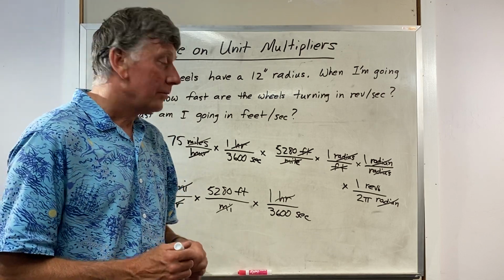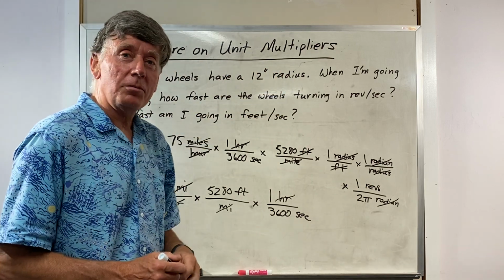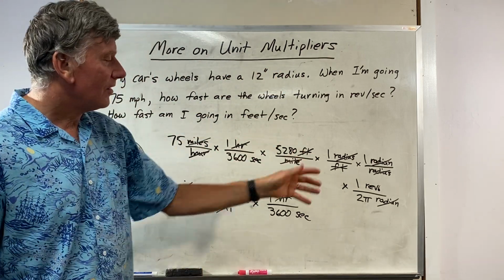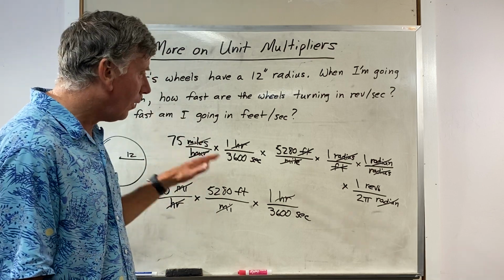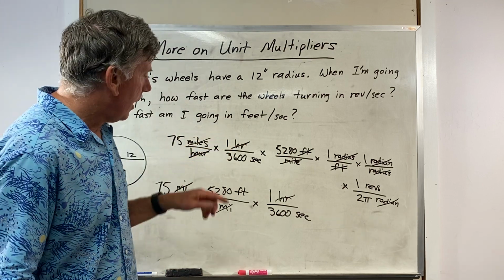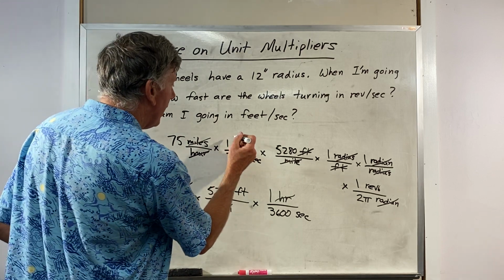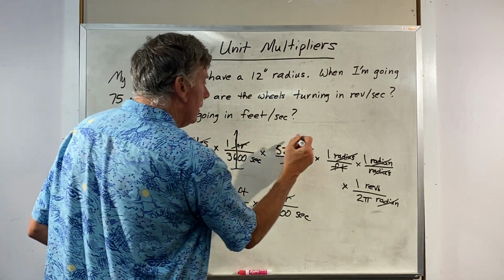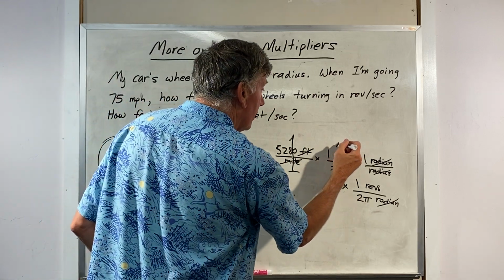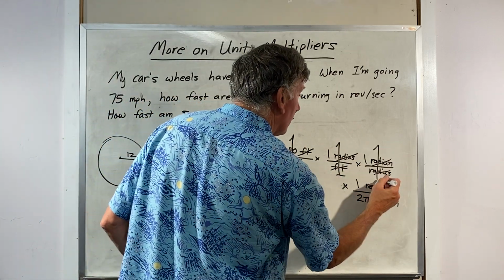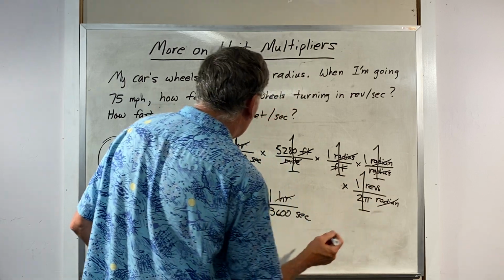Anyway, that's unit multipliers. I'm not going to multiply these numbers out because you can do that yourself if you're curious. But I wanted you to see I'm always multiplying by a 1, here's a 1, here's a 1, because 5,280 feet is in a mile. Here's a 1, here's a 1, and here's a 1.